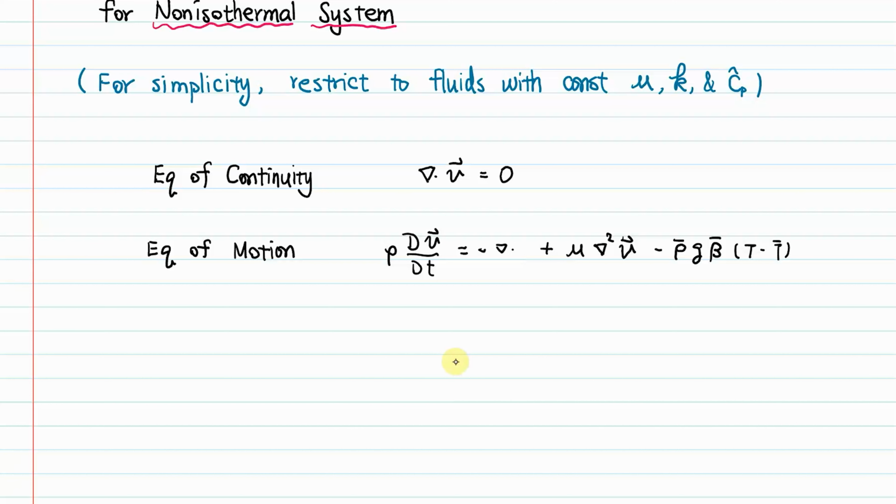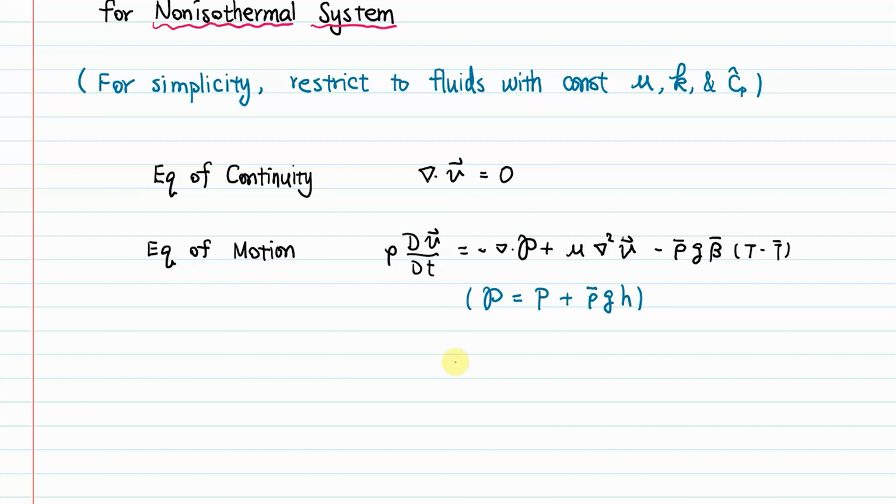We're going to use a capital P here, and the capital P is actually a combination of the pressure plus the potential driven by gravity. So it's going to be rho bar times g times h.